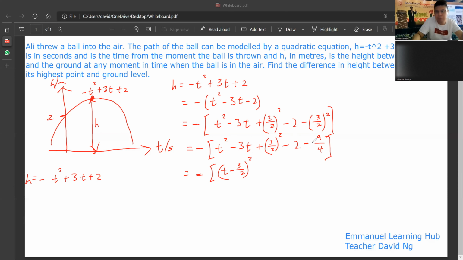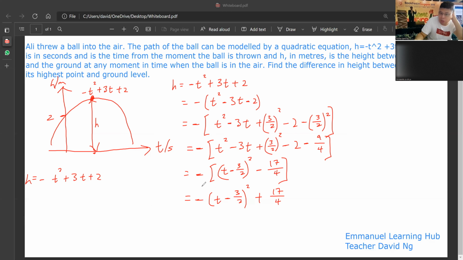So -8 -9, is -17. Then I put back my negative sign. Okay, this is my completed square version now. But they're asking for the height, right? The height is 17/4. Okay, difference in height is 17/4.